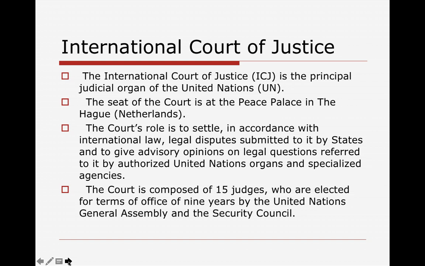Now, what you might have followed through the newspaper is that this particular case involved India alleging that Pakistan hadn't provided consular access to Kulbhushan Jadhav after he was arrested. And this is mandated under the Vienna Convention on Consular Relations.